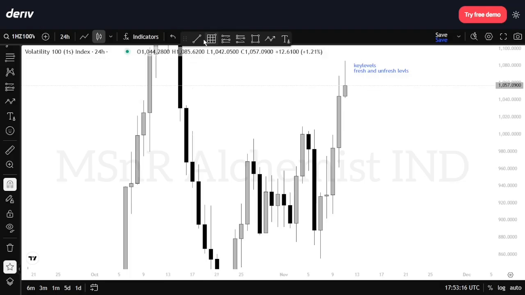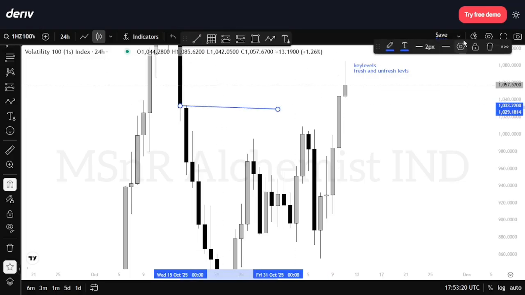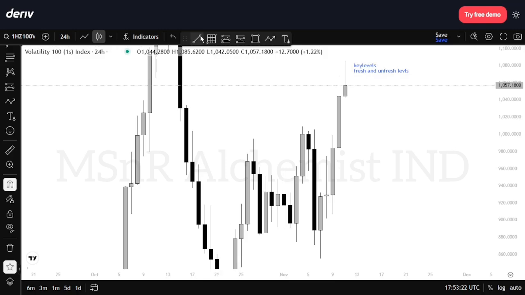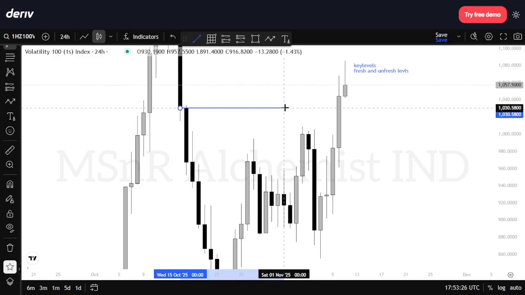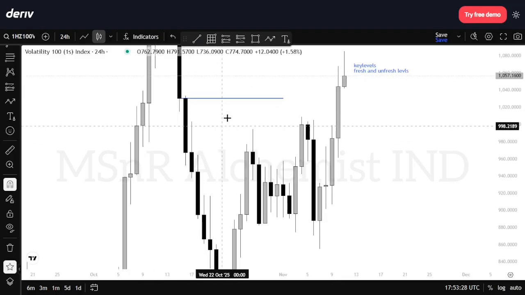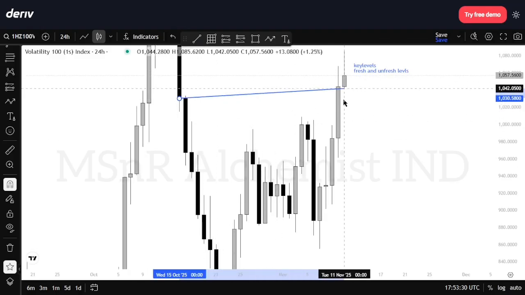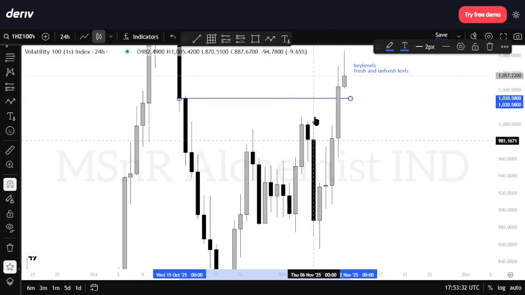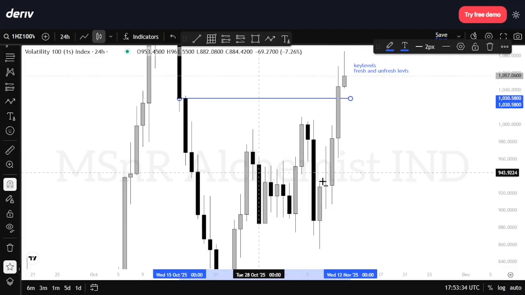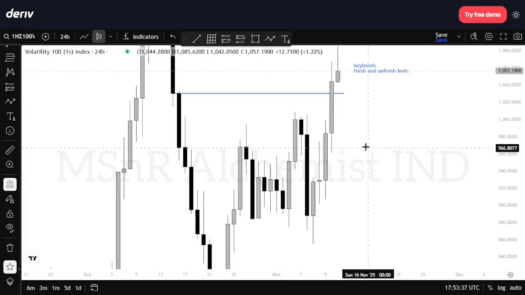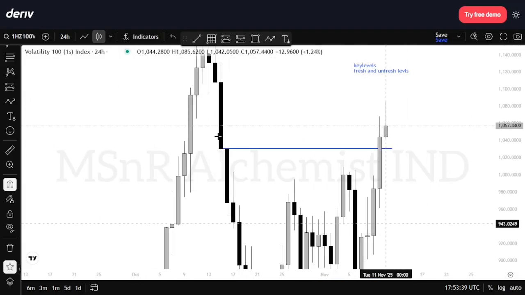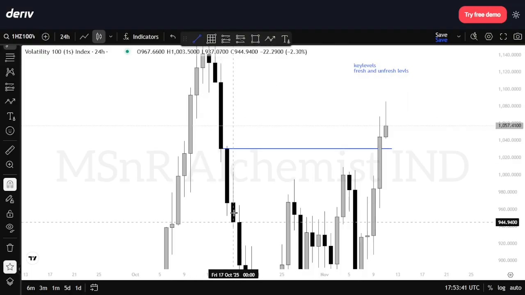So the opening closing level is right here. See, we have to mark the closing. So this is a closing, so this is a resistance. Market breaks that. Why? We might not fulfill any criteria here, that's why it fails. We have an open close level right here.